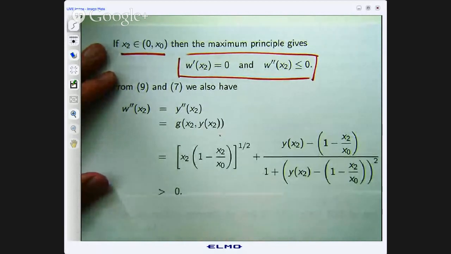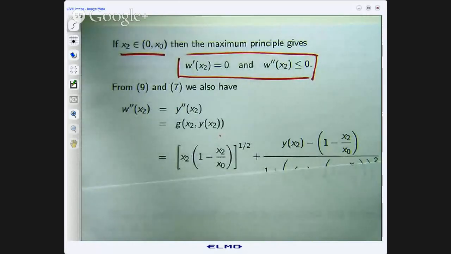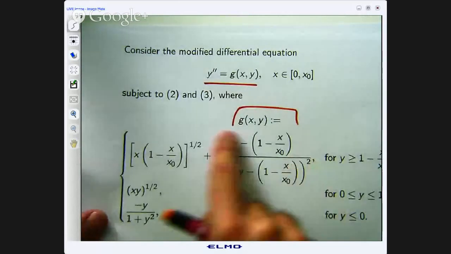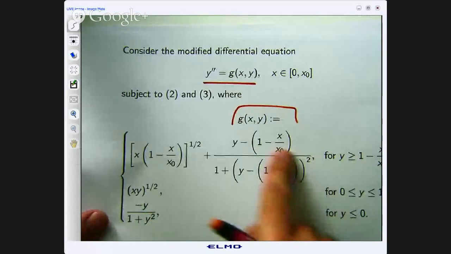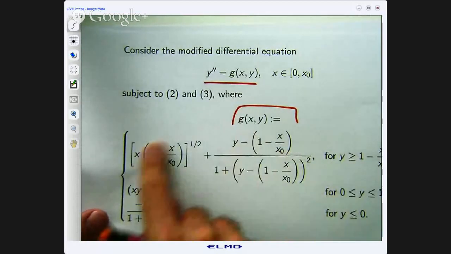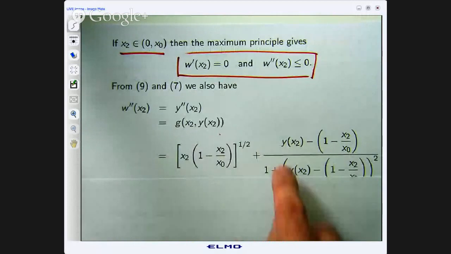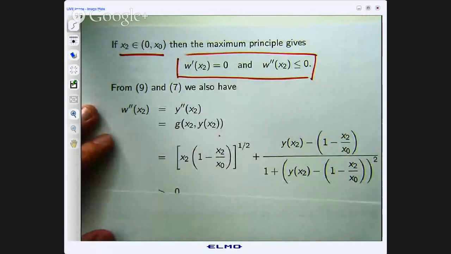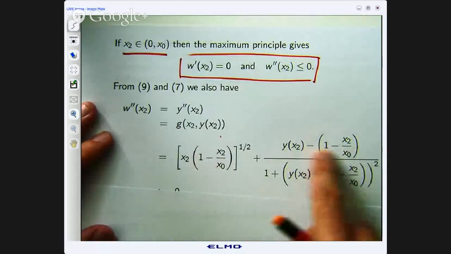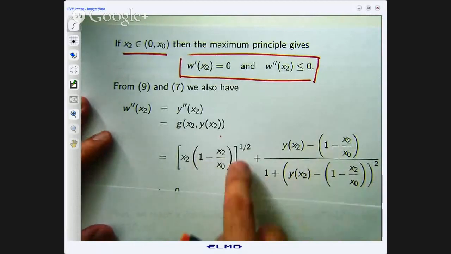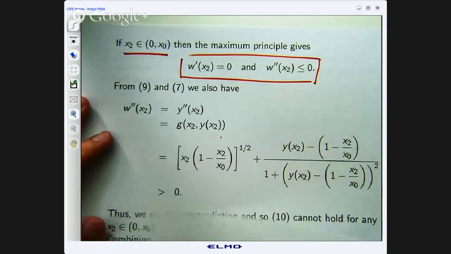And it's this thing because we've assumed that this is the case. So in the modified solution, this is the case here. This is the crazy function here. So that's it at x2. And what do we know about this? Well, this is positive by assumption, this is positive, and this is positive. So the whole thing's positive.